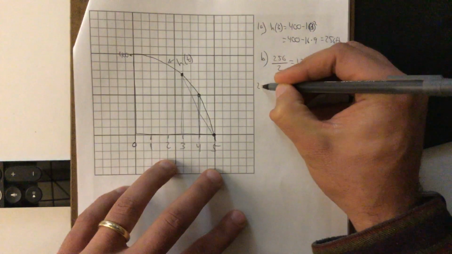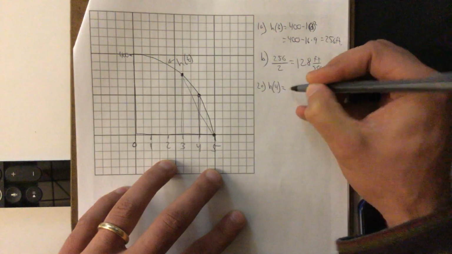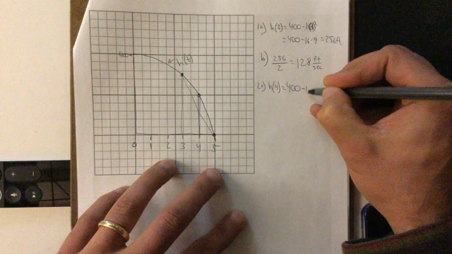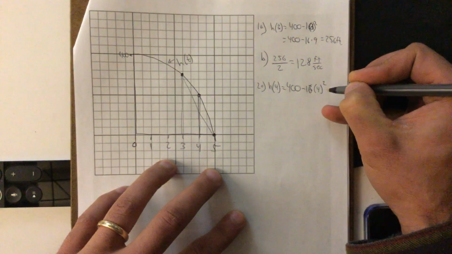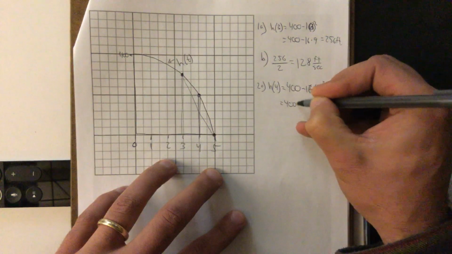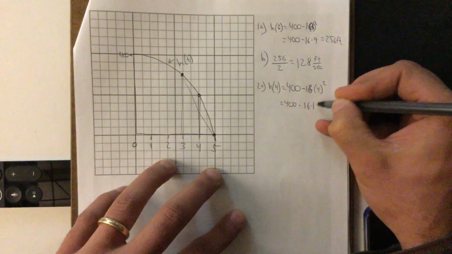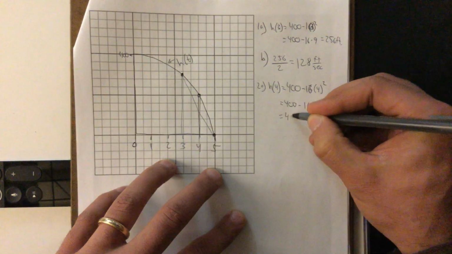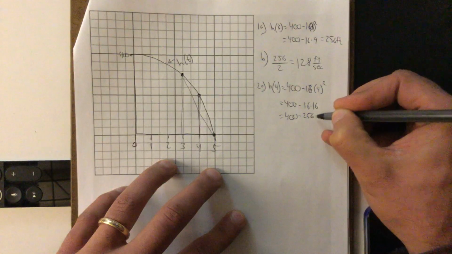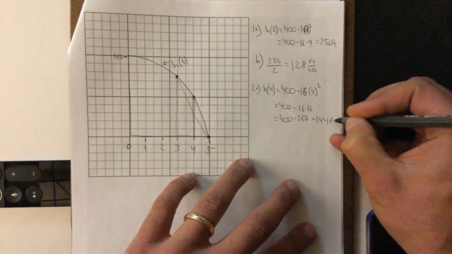So just like we did last time, we want to figure out our height at 4 seconds, which is equal to 400 minus 16 times 4 squared. That's going to be 400 minus 16 times 16. 16 times 16 is 256, so 400 minus 256 is equal to 144 feet.